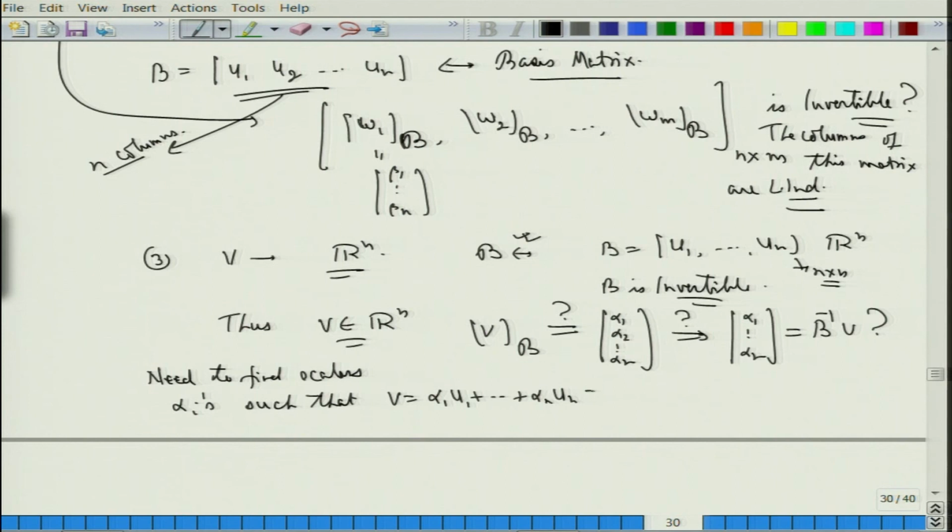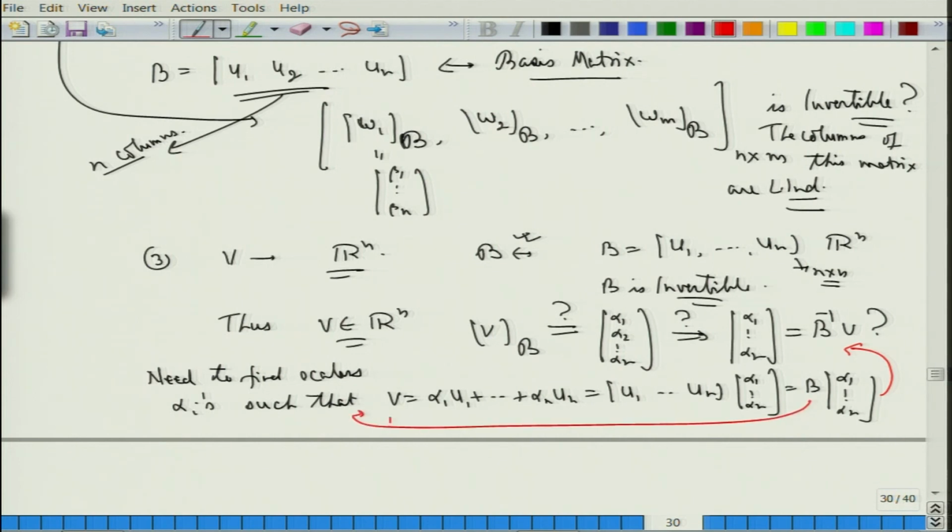This is the same as we wrote earlier, u1 to un times alpha 1 to alpha n, which is the same as B times alpha 1 to alpha n, which will imply that alpha 1 to alpha n is nothing but B inverse times V. So when I am looking at Rn, I get an n cross n matrix, invertibility comes, then any element is nothing but B inverse times V.